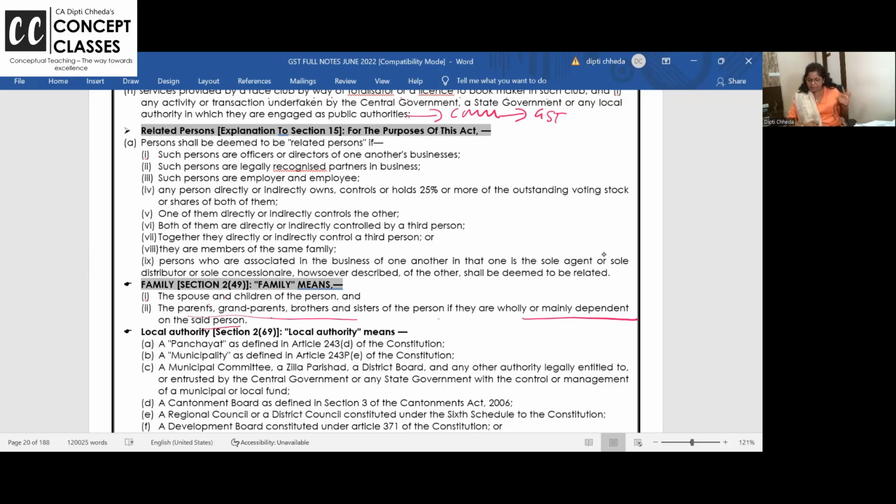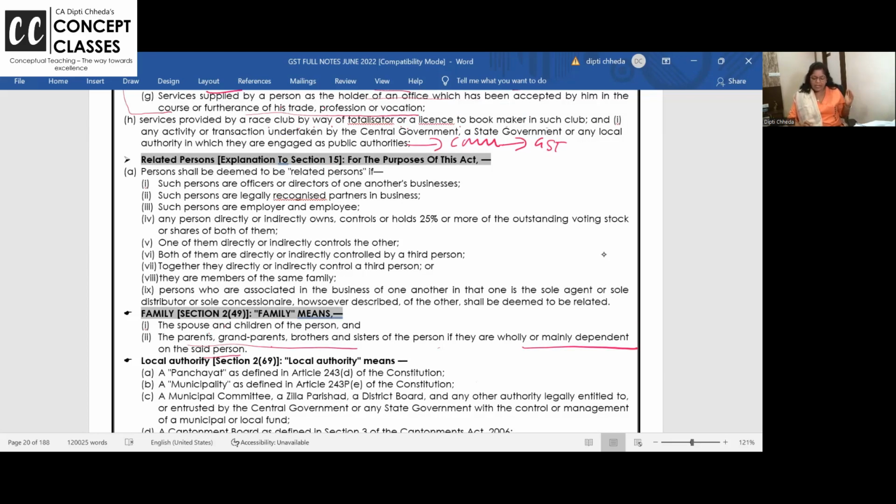Nice, okay. And now, what is a related person? Transactions between related persons also attract GST. So what is a related person? This definition is covered in so much detail in related parties, in accounting standards, in Ind AS, in income tax. I don't have knowledge of law, I did not study it after passing, but it must be there in law also.